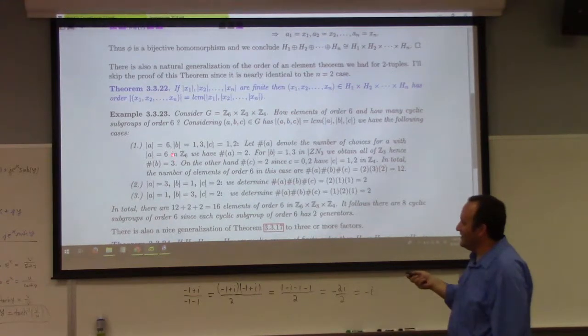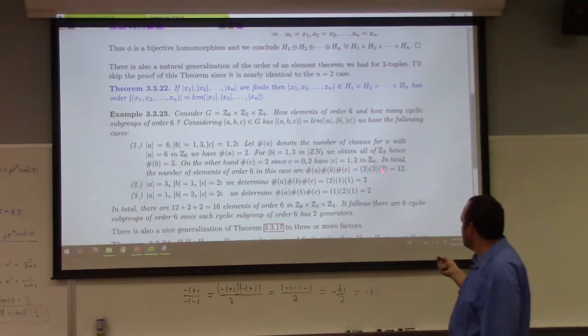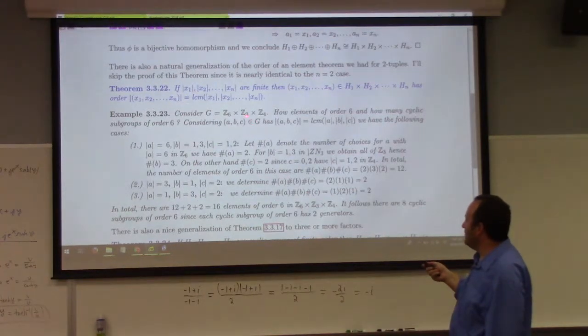So anyway, my point here is that working through this, we have 2 times 3 times 2. Why did I get that 3 from? Oh, because I forgot I could have order 1. Everything in Z3 either has order 1 or 3, isn't that right?